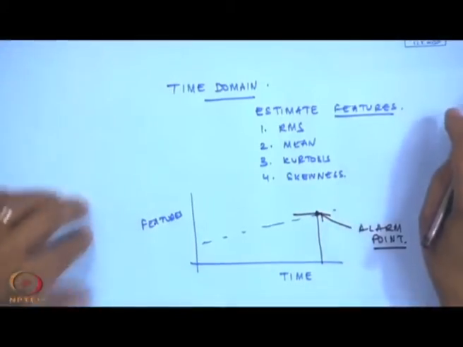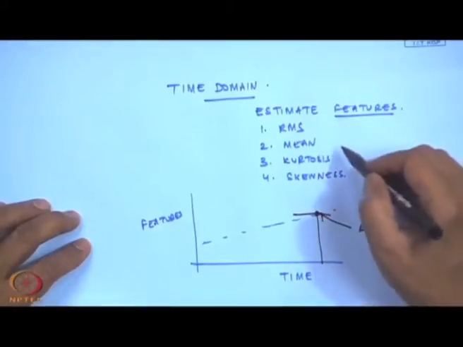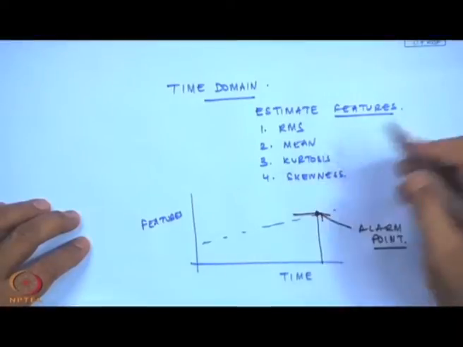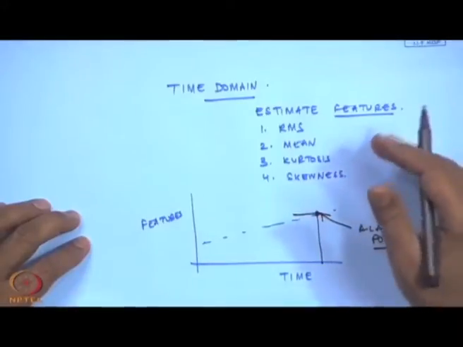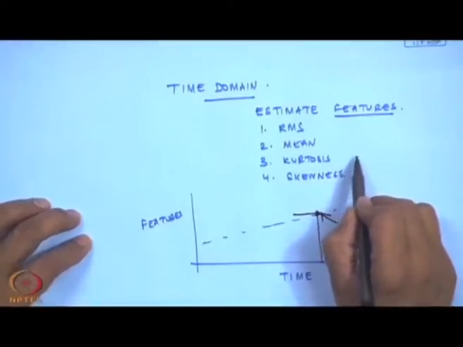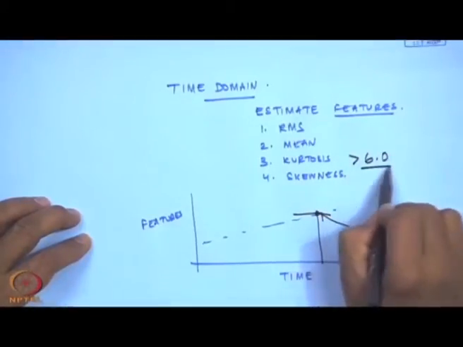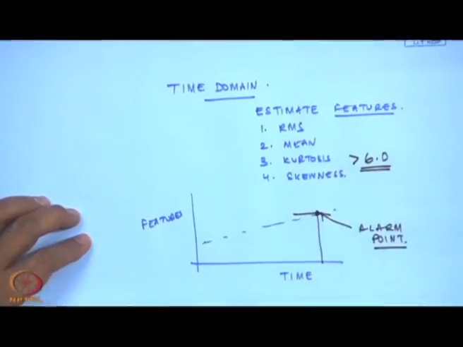But we would not like to measure only at such gross levels to only know whether a defect has occurred or not. To diagnose it, we have to do something further beyond just time domain feature estimation of the signals. However, it has been found in gearboxes that when the time domain signals have kurtosis greater than 6, we can say for sure that there is a fault in the system.